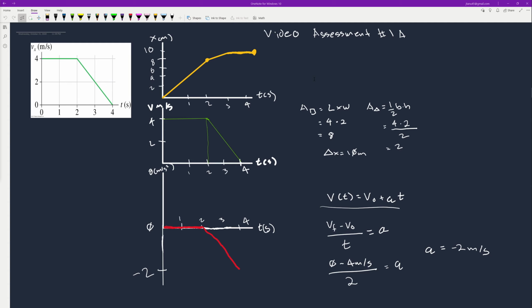Now, we can also do the calculus graphical analysis method too, which is just basically if we want to find the derivative, it is the slope of a curve.